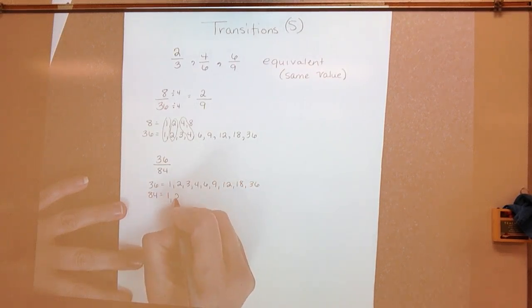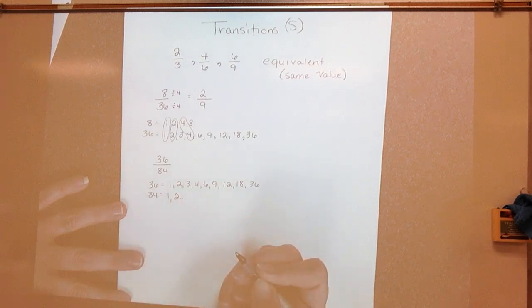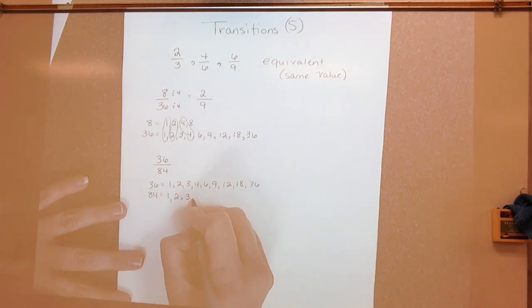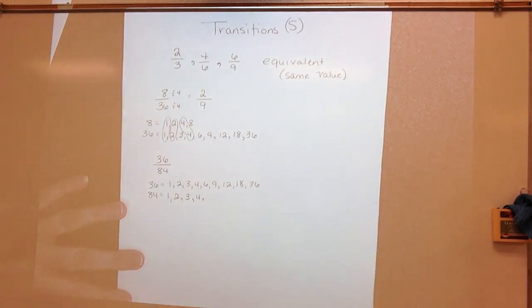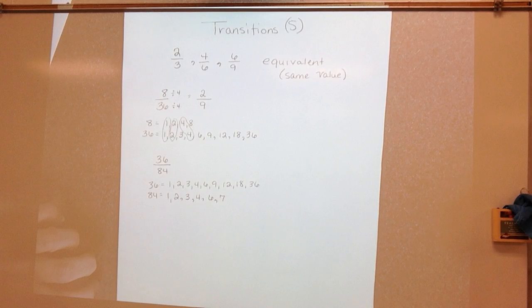84 would be 1, 2, 3 would go into it, 4 would go into it, 5 will not, 6 would go into it, 7 would go into it, 8 will not go into it, 9 will not go into it, 10 will not go into it.